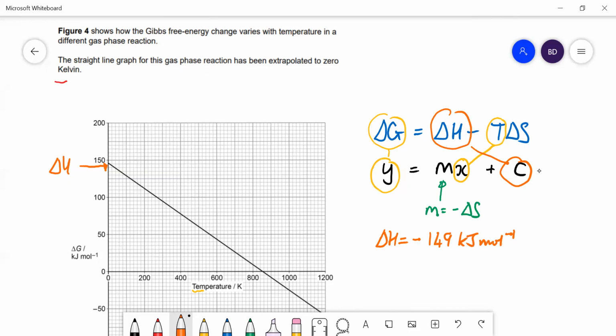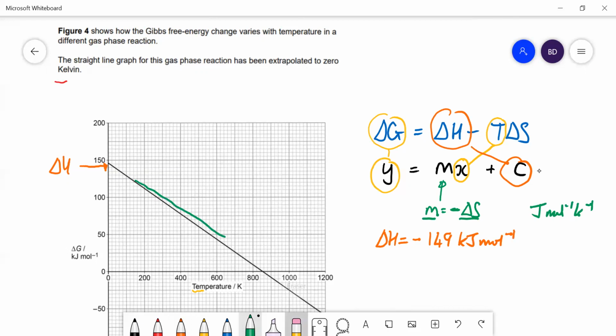Now we've got to work out delta S, and the question tells us to give it in joules per mole per Kelvin, so we have to be a little bit careful here. We need to find the gradient, m, and delta S is the minus gradient. You can see this line has a negative gradient, so delta S is going to be positive for this reaction.